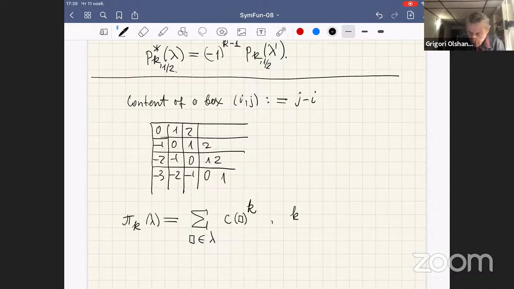Here k takes the values 0, 1, 2, and so on. Why 0? Because the definition makes sense for k equal to 0. It's quite reasonable. It's simply the number of boxes. And you want to have the number of boxes because this is the first regular function.